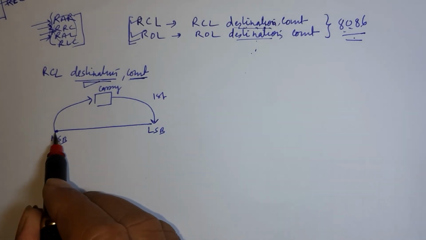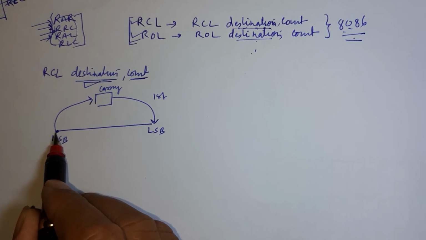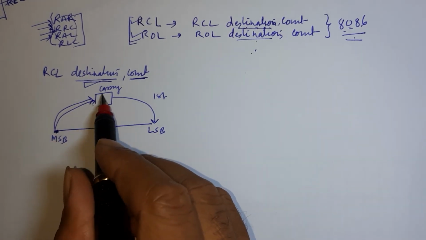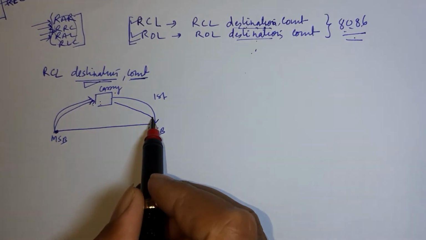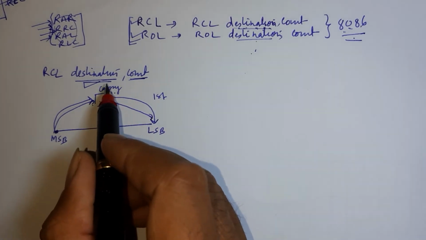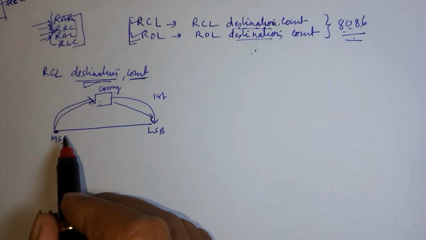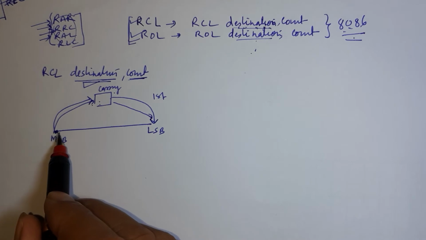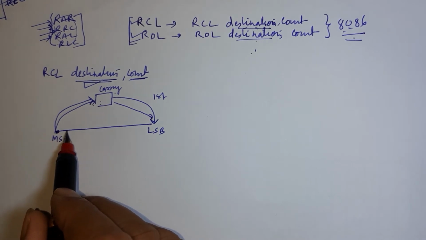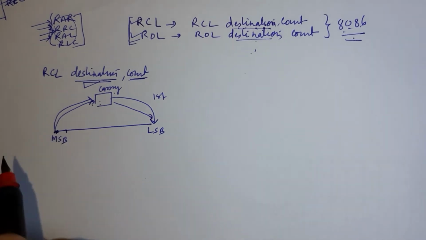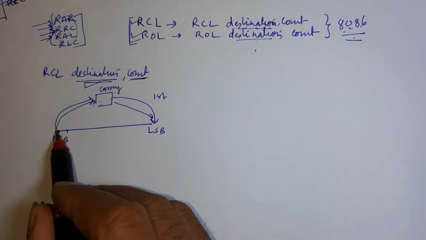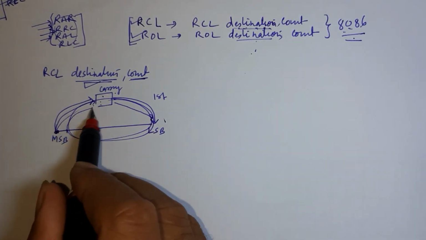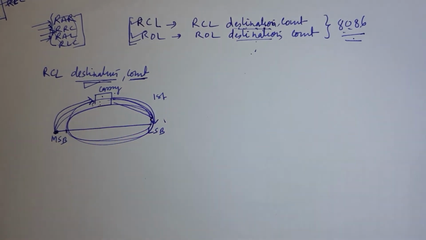The second time, whatever data is at the MSB will move into carry, and whatever data is stored in carry will become the MSB. Again the third time, now suppose this data became the MSB, whatever data is at the MSB will move into carry, and the rotation goes on like this by considering carry.